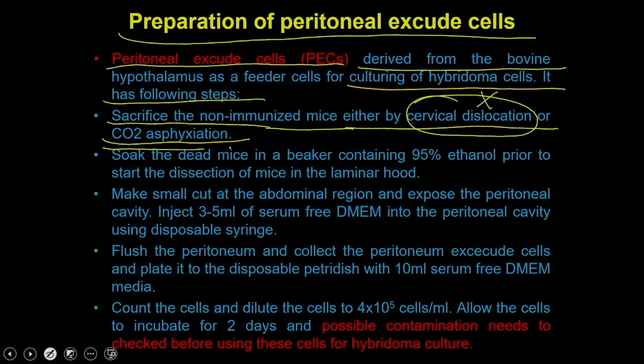Mostly people use CO2 asphyxiation, where you simply keep the animal in a CO2 chamber, incubate it for some time, and because there is no oxygen present, the animal dies.